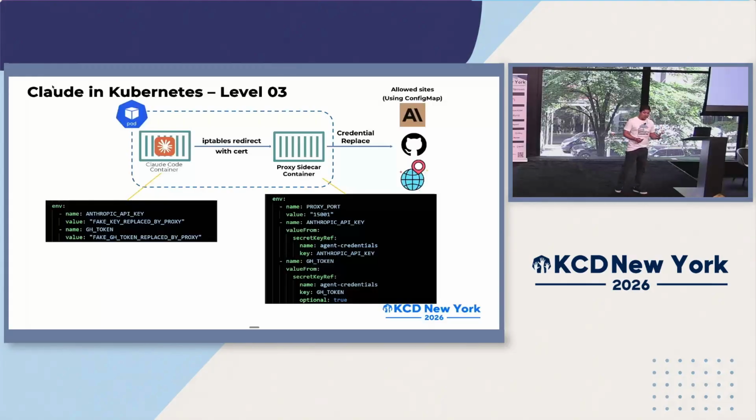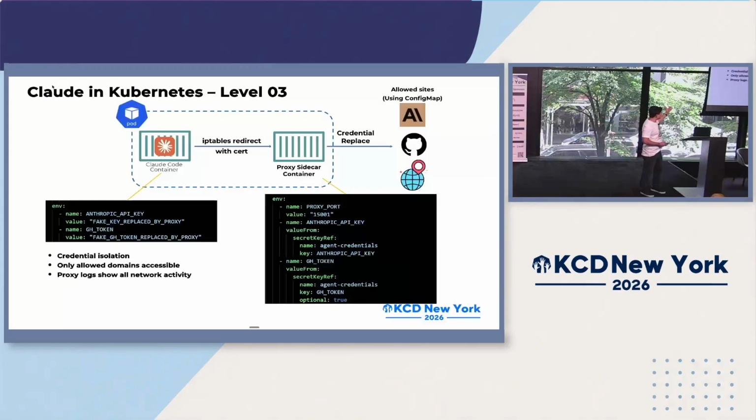So now, when the agent says, hey, print out all the environment variables, it's not going to print out all our confidential keys, right? The credentials are isolated to the proxy, only allowed domains are accessible, and proxy logs show all network activity. All right, so this is level 3.